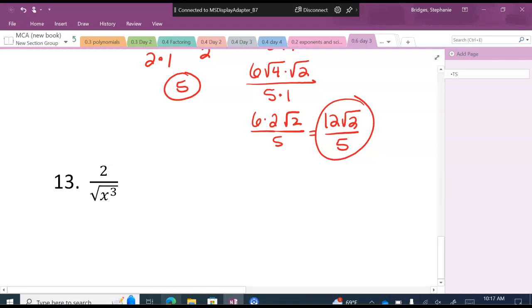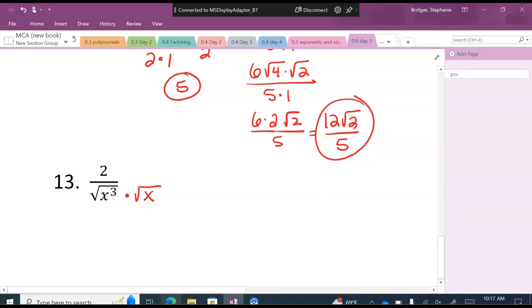If I have x to the third, and I need that to be a perfect square, think about this. The exponent on perfect squares is always what kind of number? Even. So if I have 3 x's, how many more do I need to make it even? Just 1. So really, in this case, all I have to do is multiply it by the square root of x.